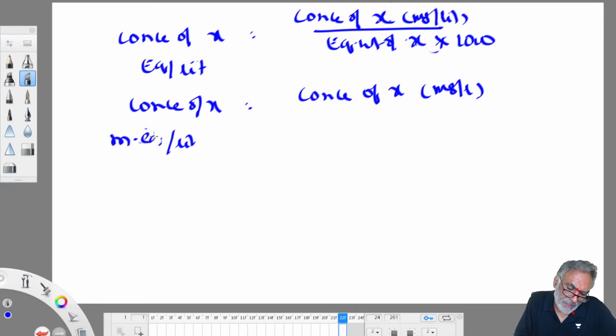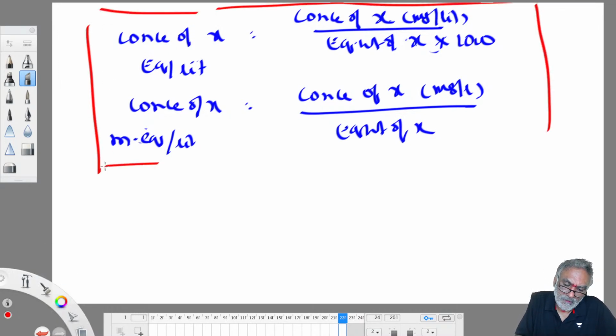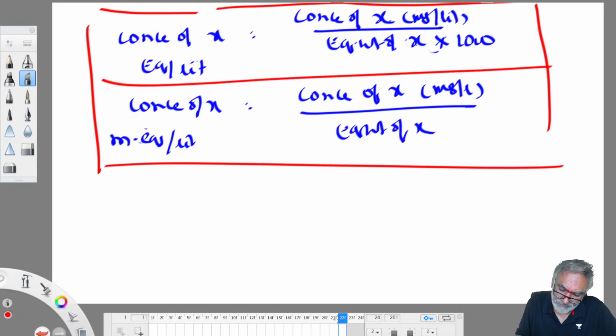When you have been asked to express in milli equivalents per liter, it is the concentration of X given in milligram per liter divided by the equivalent weight of X. That's all. If you are thorough with this, your journey will be smooth.